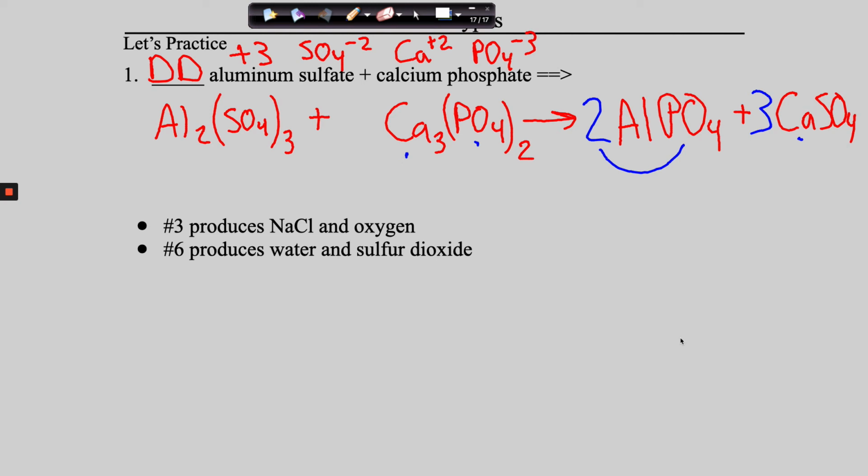The products are water and sulfur dioxide. Then, number 10, also decomposition, and the products are copper metal, water, and oxygen. So on 3, 6, and 10, you can just put DEC on the line because they're all decompositions, and you will never be asked to predict the products.